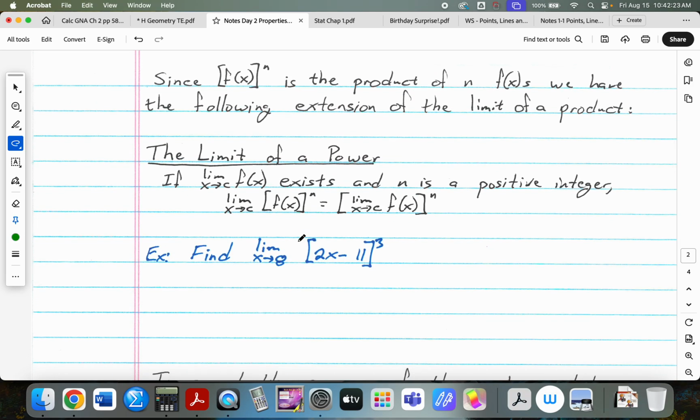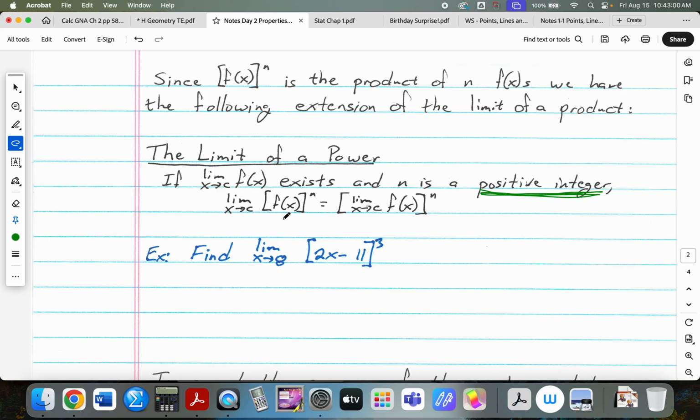So, since f of x raised to the nth power is the product of n f of x's, we have the following extension of the limit of a product. If the limit as x approaches c of f of x exists, and n is any positive integer, then notice it has to be a positive integer. If it is something else, we may not be able to do this.